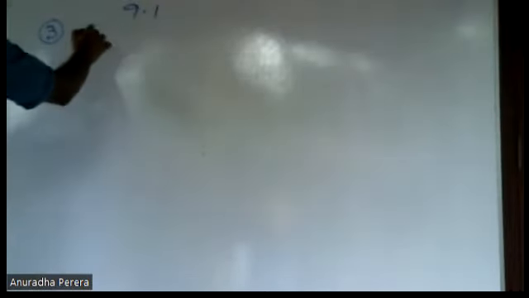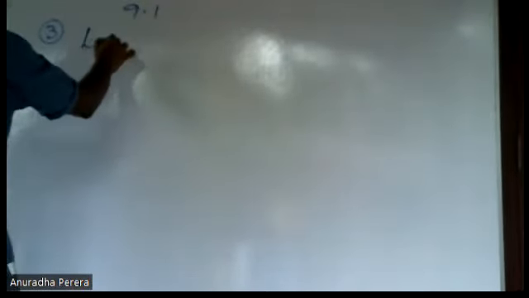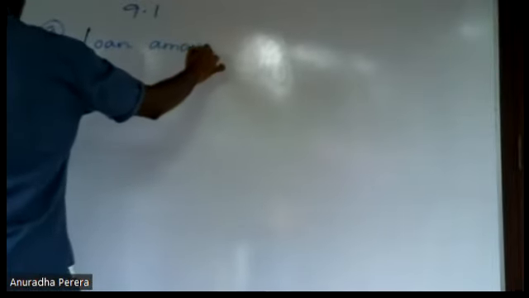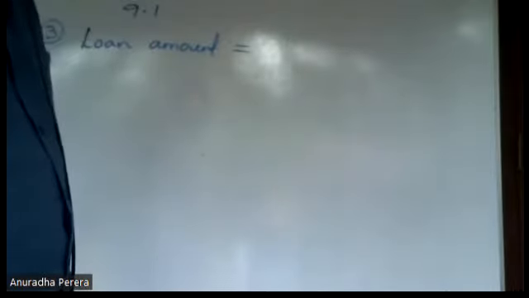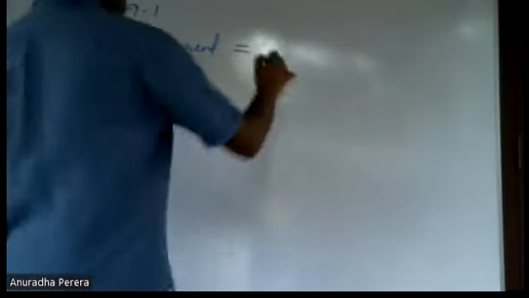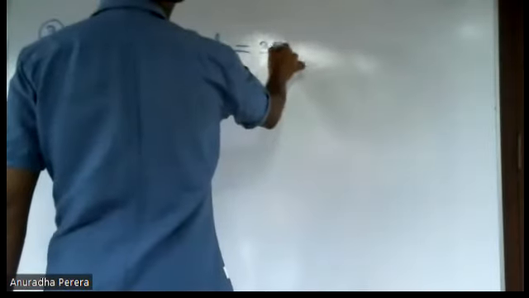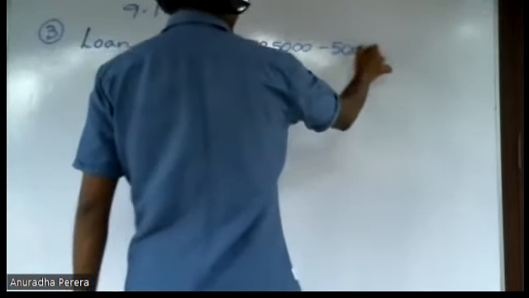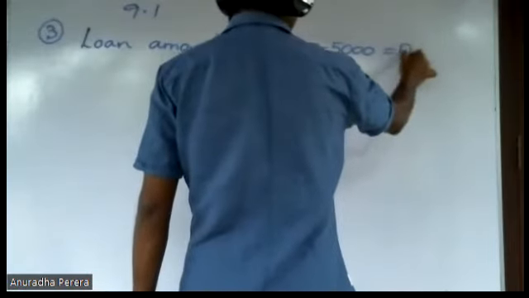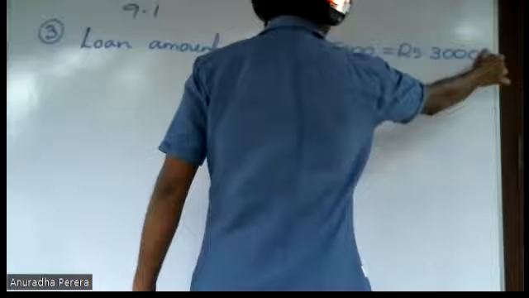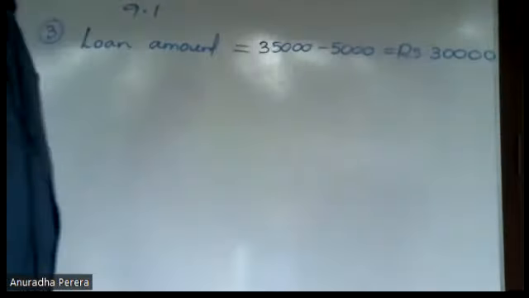First loan amount. බලමු ලේසියෙන්ම loan amount. $35,000 minus 5,000, $30,000, right?